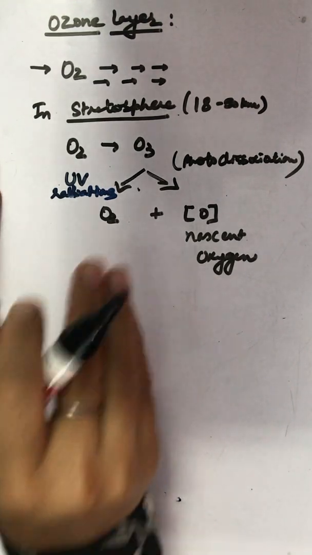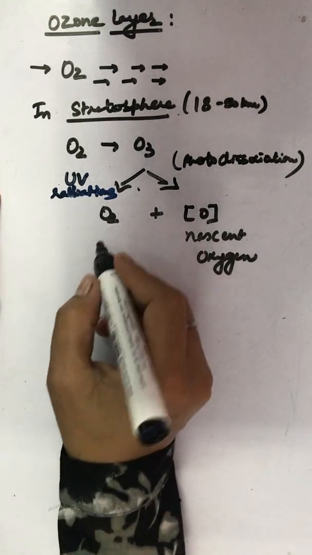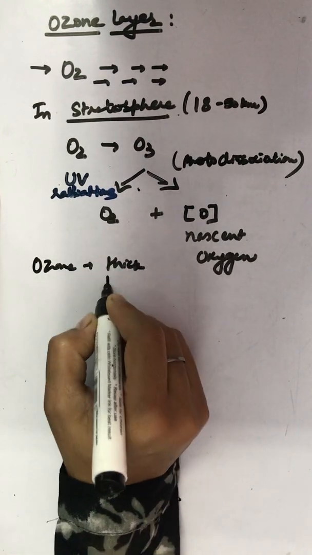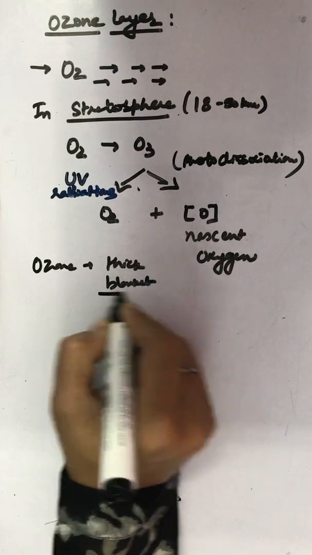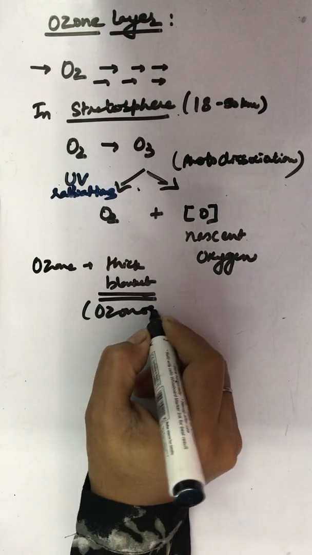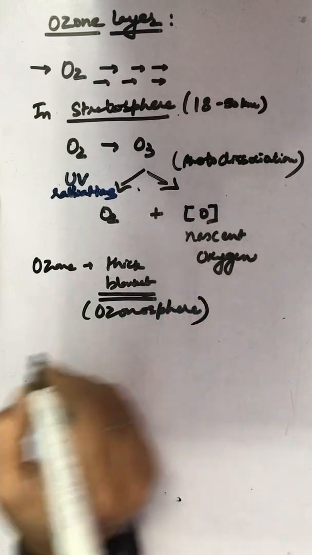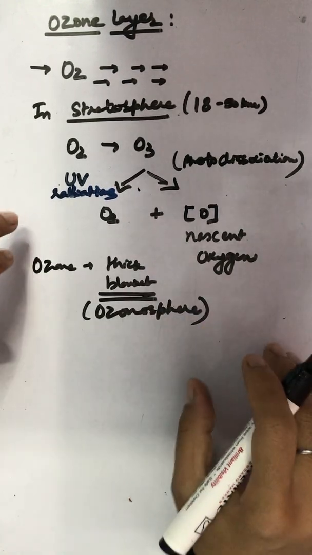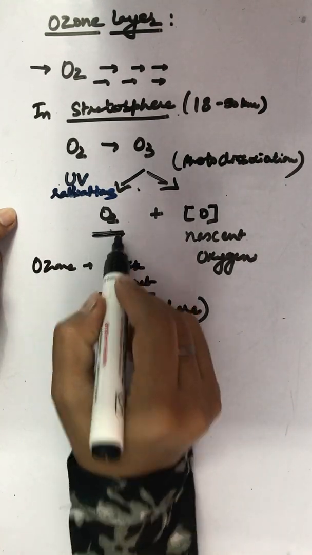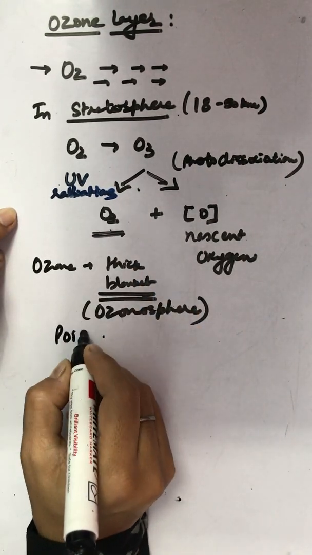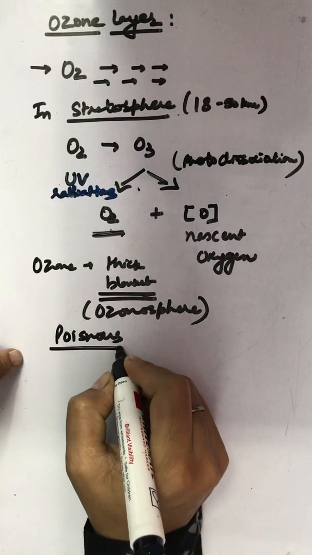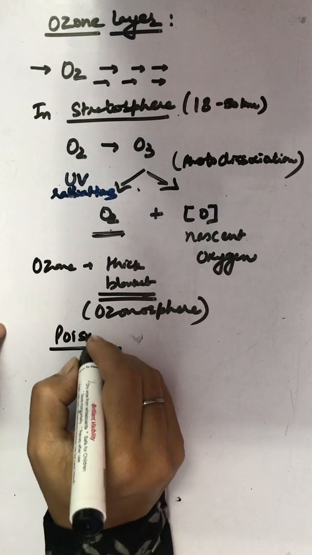This ozone exists as a thick blanket called the ozonosphere. It has its own area, the ozonosphere or ozone shield. Unlike O2, this is poisonous, and we are very lucky that it is not around us.